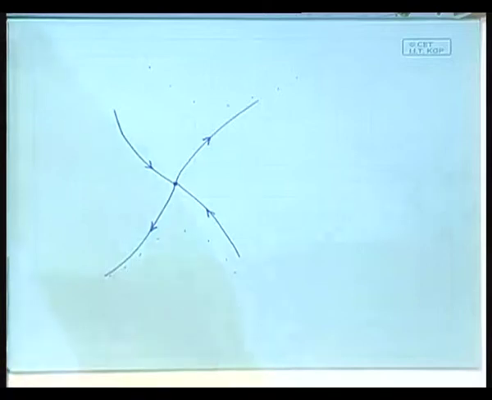Now, that leads to the conclusion that if there is any attractor, that must be situated on the unstable manifold of a saddle fixed point. Okay.